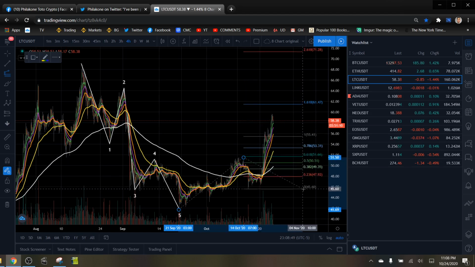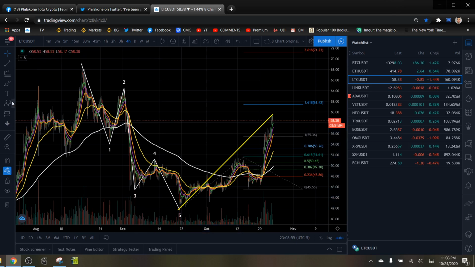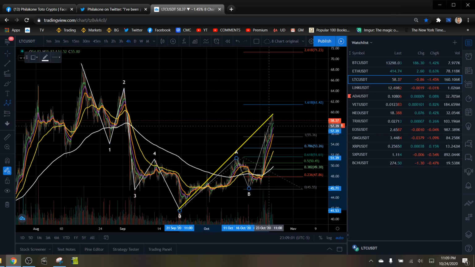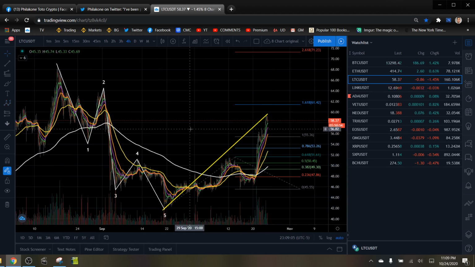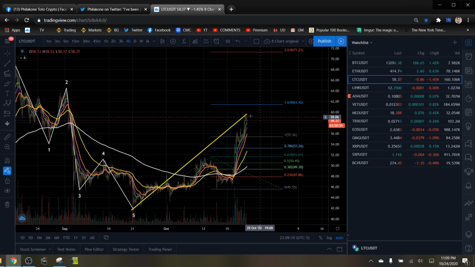Checking out the B wave. When I say the B wave, I'm talking about this one from here to there. That's the larger degree, but this is the little B. Like that. And this one here probably made a really nice extension. Yeah, in between.